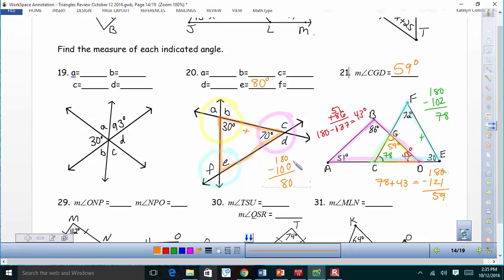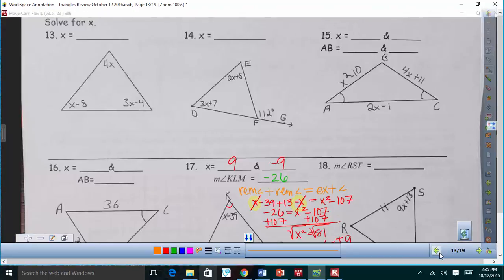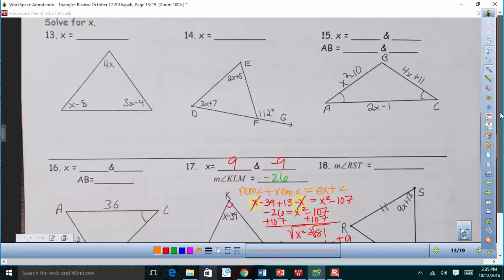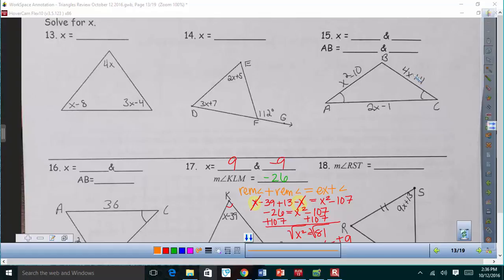Yes. Which one? 15? Okay, so for 15, they give me all three sides. The biggest mistake that I see on 15 is people add all the sides and set them equal to what? Nope, to 180. Okay? Just because we're given three measures does not mean that it equals 180.